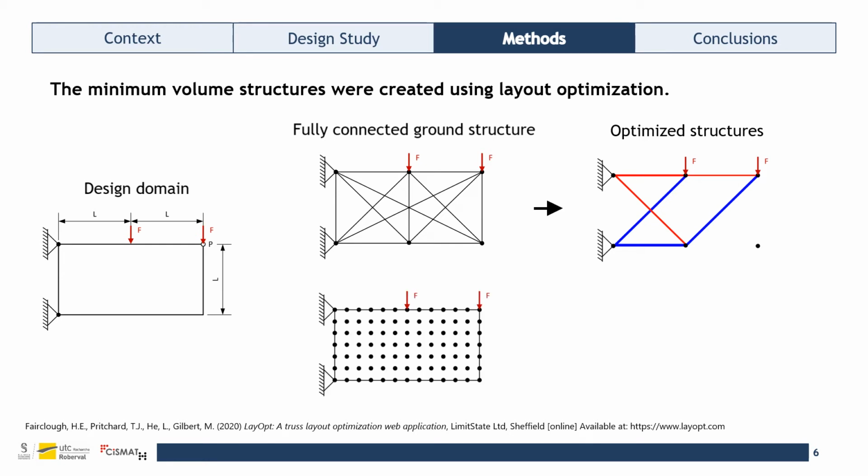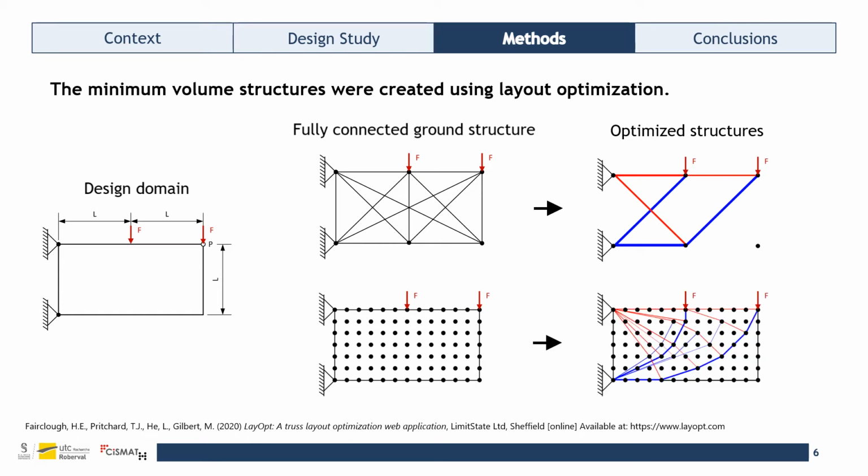But in case of a finer grid of knots, the fully connected ground structure contains more potential members, and the obtained results are much closer to the global optimum. In this case, a structure with 32 members is obtained, as used in the design study.